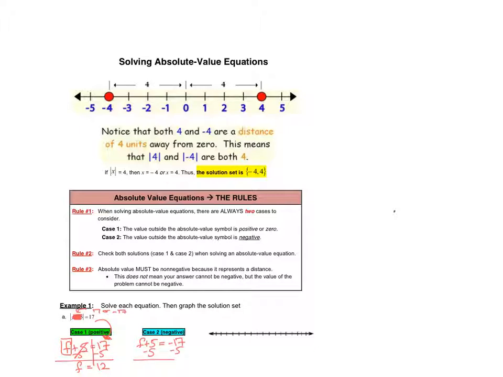On the other one, I'm going to subtract 5 from both sides, and f equals -22. So my solution set would be -22 and 12. I've also graphed my solution set with the closed circles here at -22 and 12.